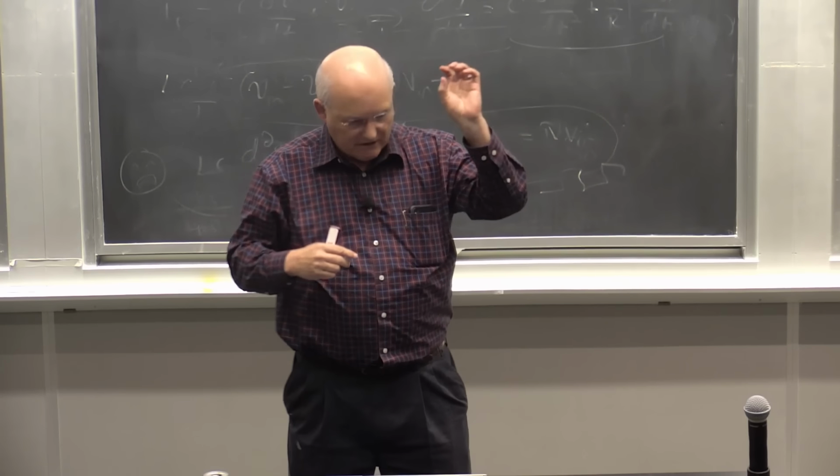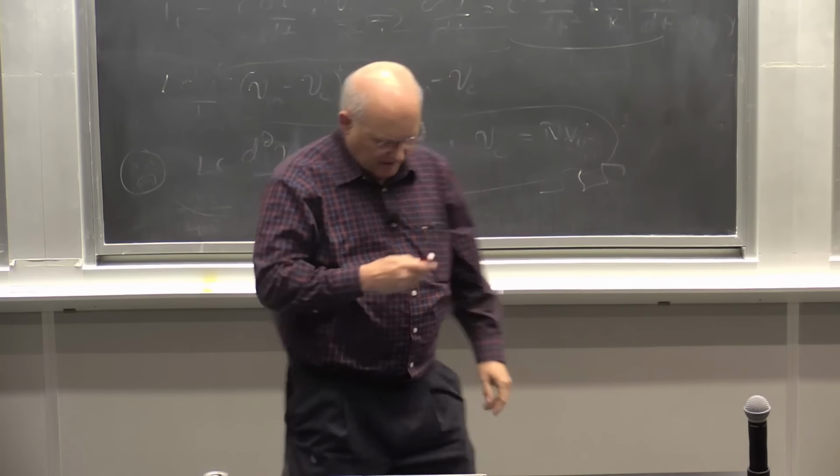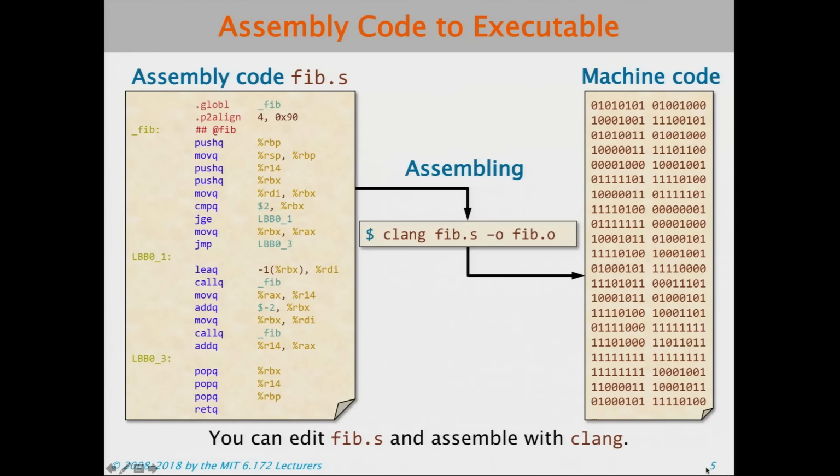Things like the opcodes, which are the things that are here in blue or purple, like these guys, correspond to specific bit patterns over here in the machine code. And these are the addresses and the registers that we're operating on, the operands.